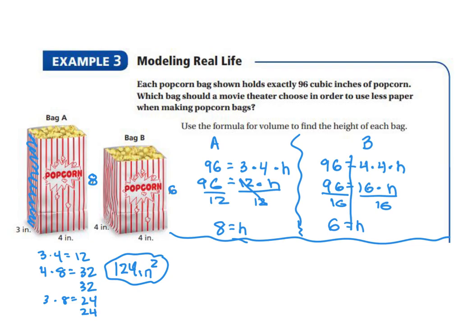So now we'll find the surface area of the smaller bag, starting with the base. 4 by 4 is 16. The front and the back will be 4 by 6, which is 24, but there's 2 of those, front and back.